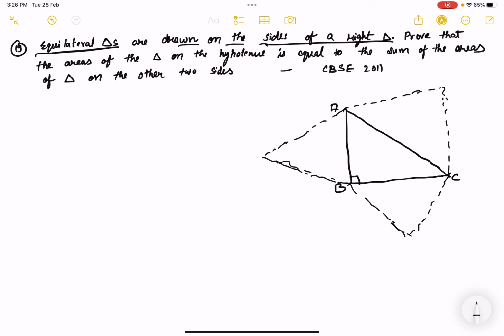Then we have to prove that the area of the triangle on the hypotenuse, let this be E, and let this be D and let this be F. So what we have to prove is that the area of the triangle on the hypotenuse, that is area of triangle ACE, is equal to the sum of the areas of the triangles on the other two sides, that is area of triangle AFB plus area of triangle BCD.